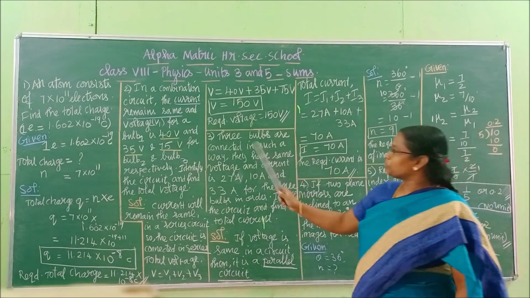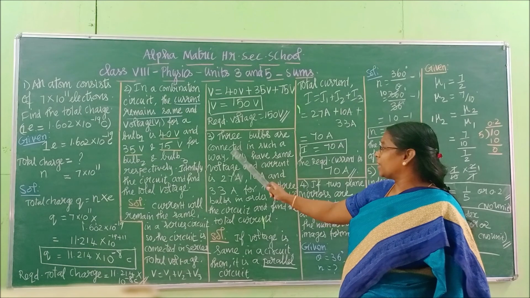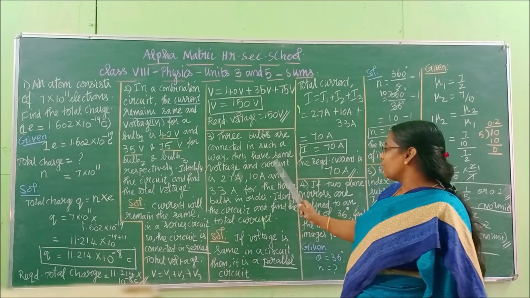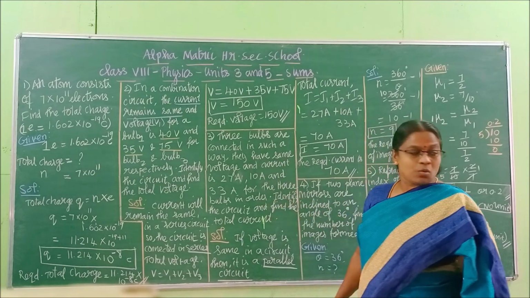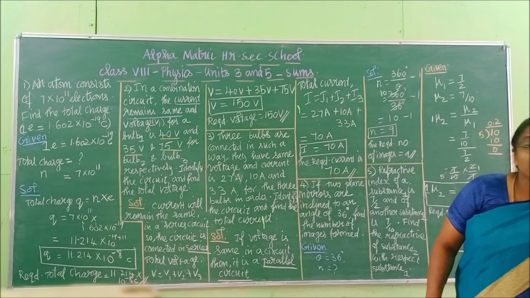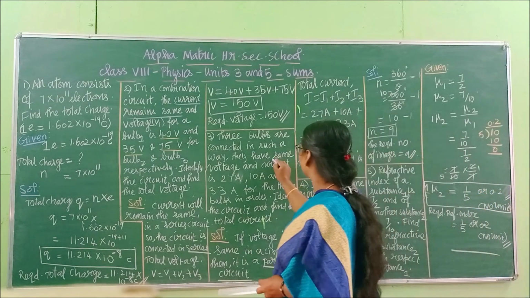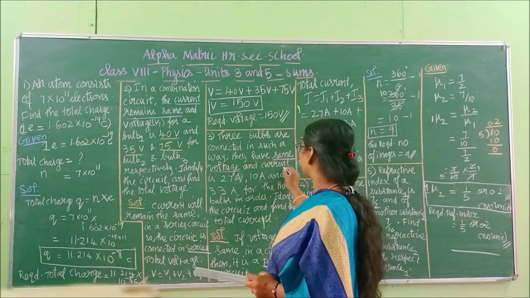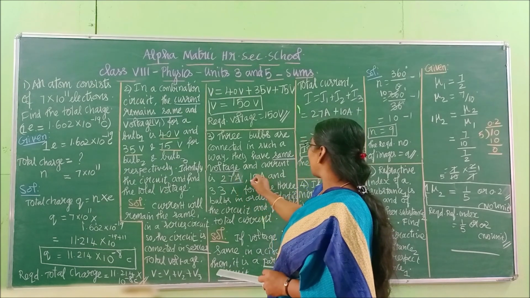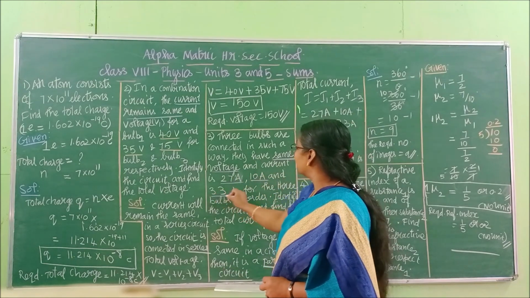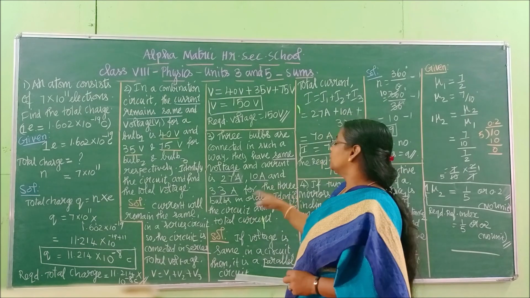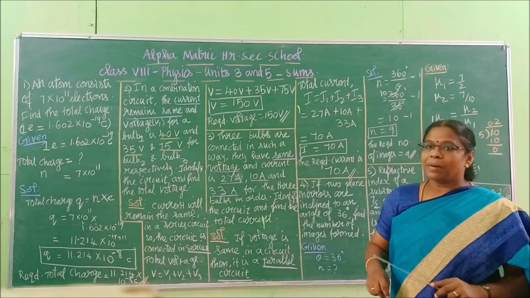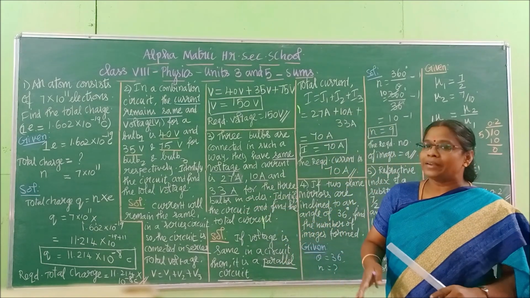But see here, 3 bulbs are connected in such a way that they have the same voltage. Now what is the content here? The voltage is the same, and the current is 27 ampere, 10 ampere and 33 ampere for the 3 bulbs. So there are 3 bulbs, connected in one pattern.